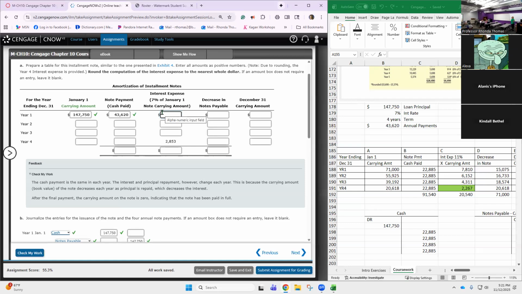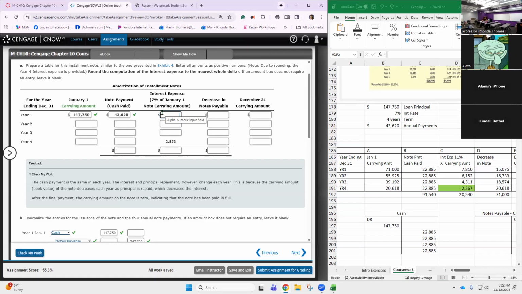The feature of an installment note means you're paying the same amount every time. I don't know if any of you have a mortgage or a car payment, but they assign you a certain amount to pay each month, or in this case, each year.